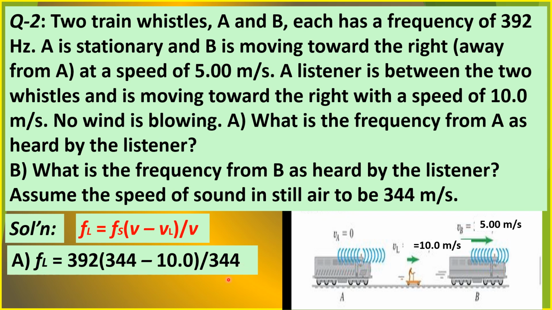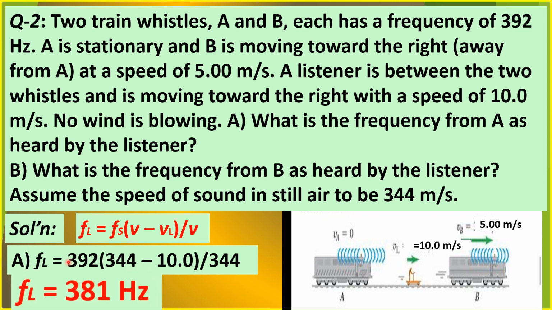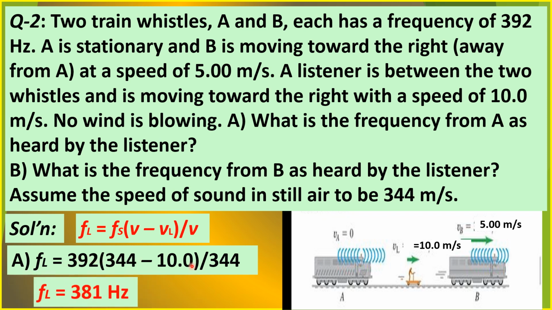Doing our math, we will get as the value for the FL equal to 381 hertz. Again, to be expected that this observed frequency will be lower than the actual frequency of the source of sound because the listener is moving away from the source.